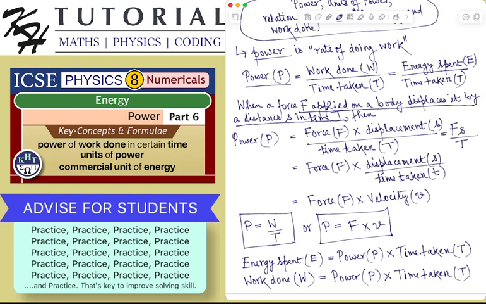Now if you see the factor, this is equal to F multiplied by S by T. What is S by T?